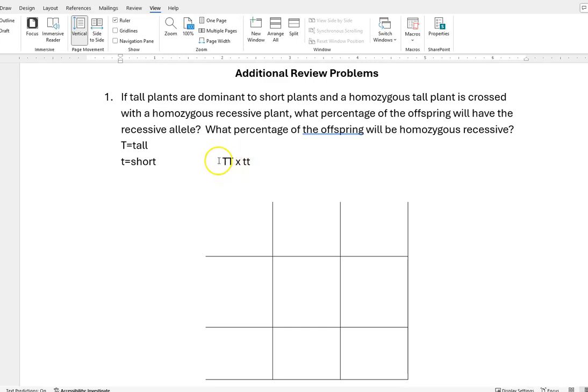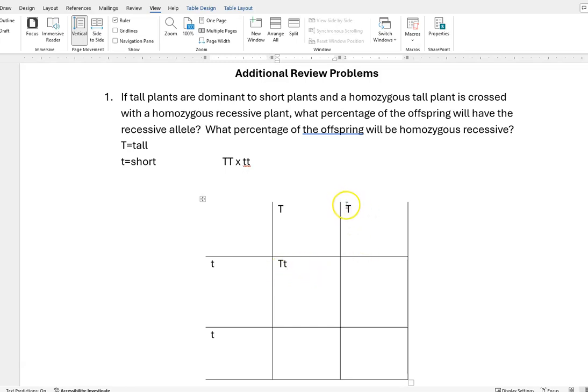Now what we want to do is place our parents across the top of our Punnett square and down the side. I'll place one capital T in that block and our other capital T in that block from our first parent, and then I'll use the recessive alleles along the side. The four squares in the middle of our Punnett square represent our offspring. If we bring down this parent's gamete, let's say this is the egg cell that's going to be fertilized by the sperm cell, then the offspring produced will have a combination of both parents.